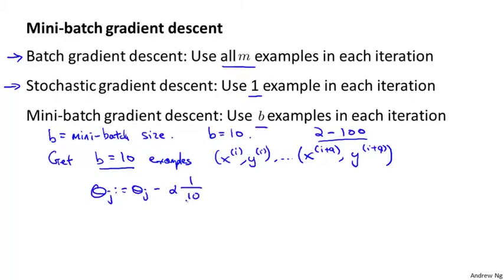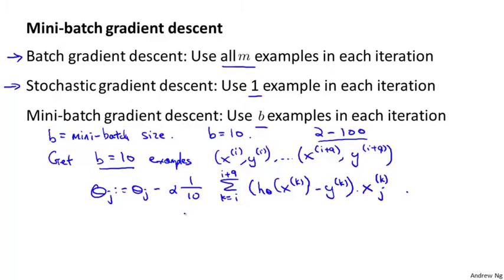So that's learning rate times 1/10 times the sum over k equals i through i plus 9 of (h_theta(x^k) minus y^k) times x_j^k.